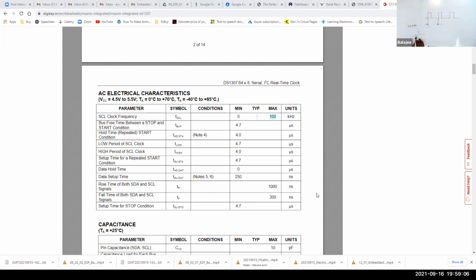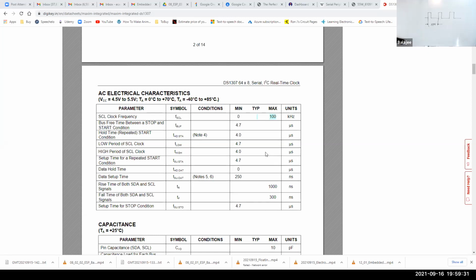That means 1 by 100 kilo, that is milli; by 1000 by 1000 you become micro. That means 10 microseconds. So you cannot have less than that. That chip will not work.